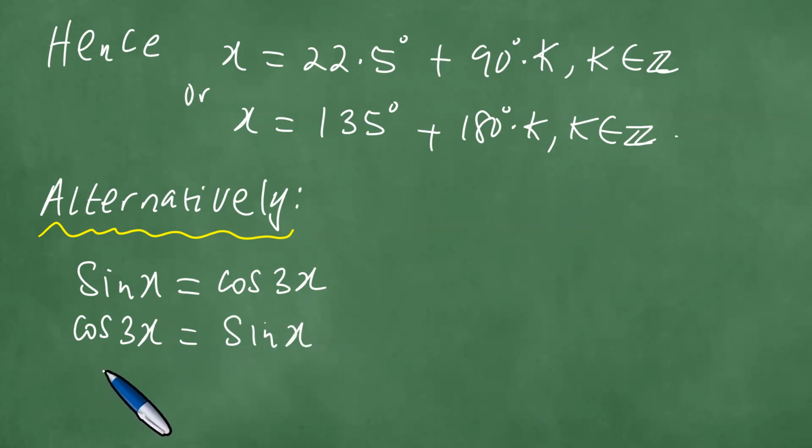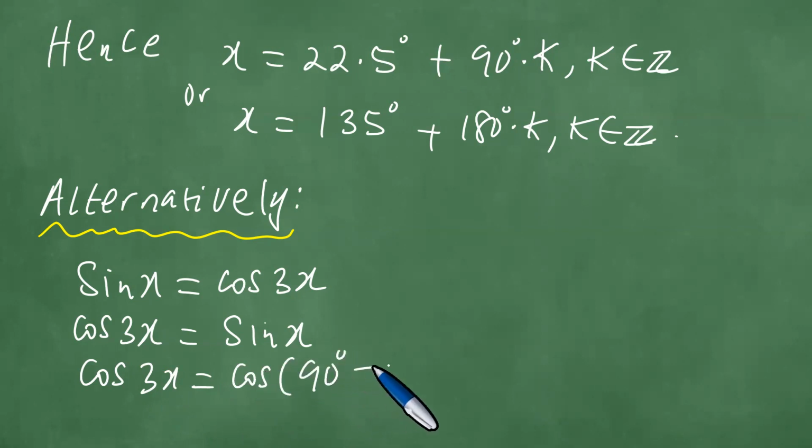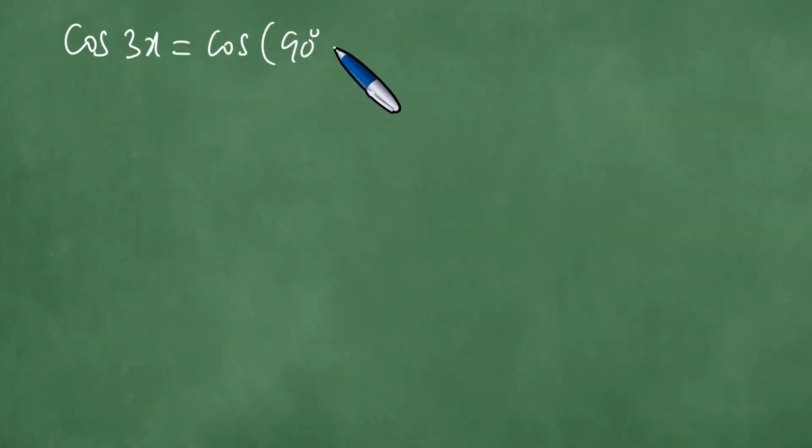By symmetry of the equality sign, this is true. And so we have cosine 3x equals cosine of 90 degrees minus x.